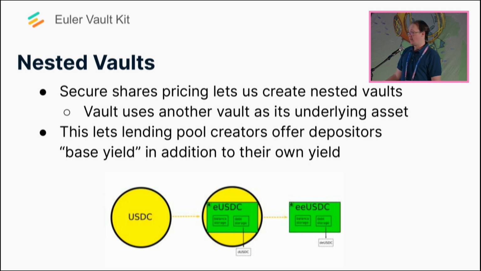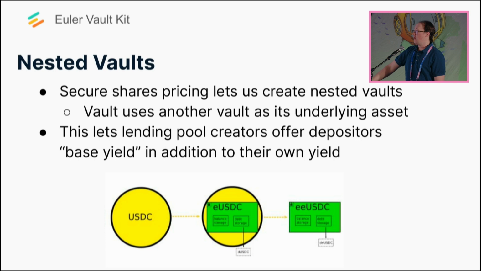And its underlying asset, of course, is USDC, and its shares are the eUSDC token, right? And if you remember, 4626 vaults are ERC-20 compatible, so they themselves can be used as tokens in any place that a token will be used, right? So you create another vault based on that. And now the interesting thing about this is that if you hold the nested vault's tokens, you will be getting the yield from that vault as well as the yield from the eUSDC vault, right?